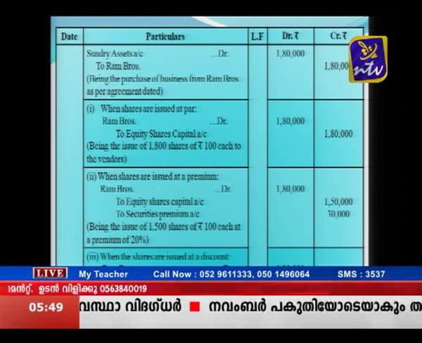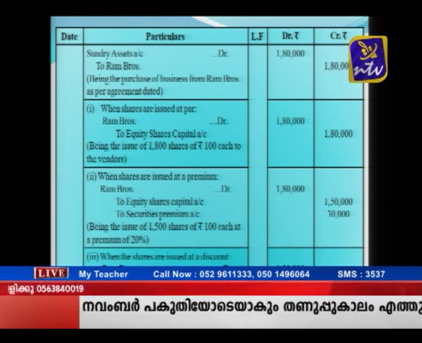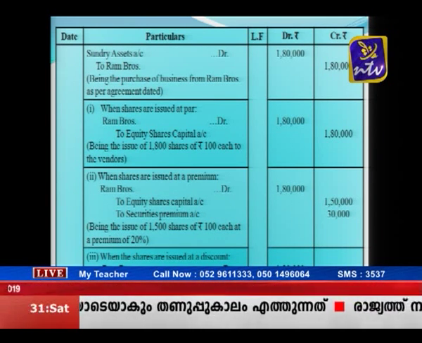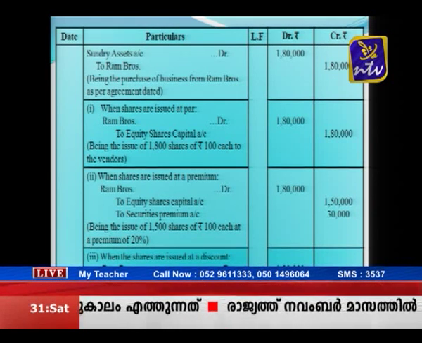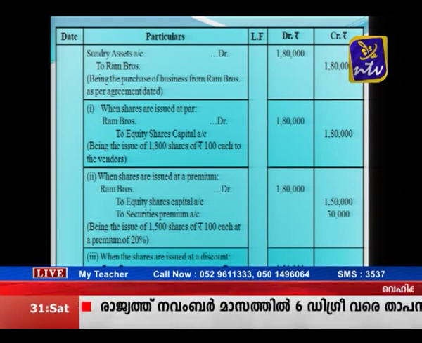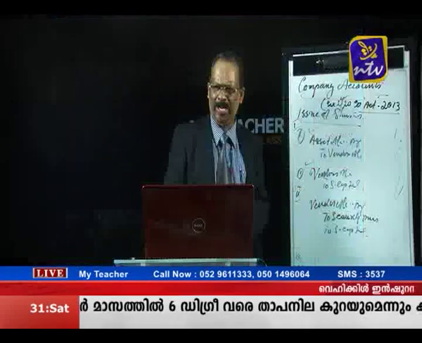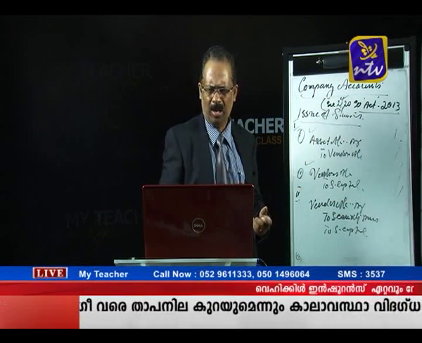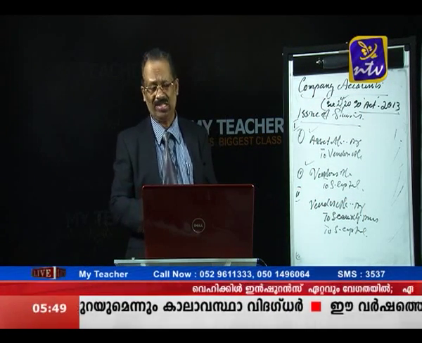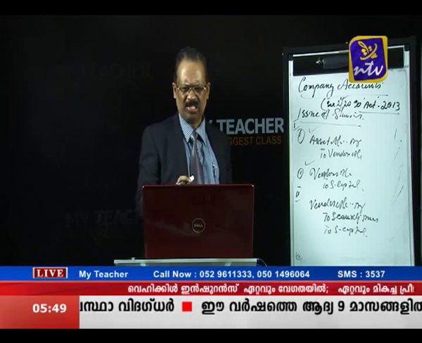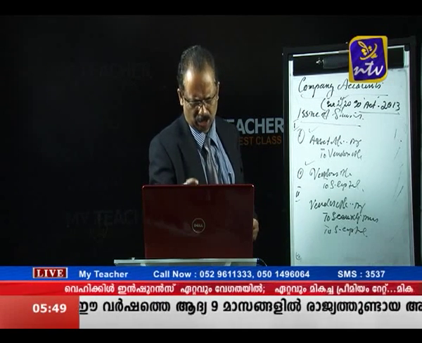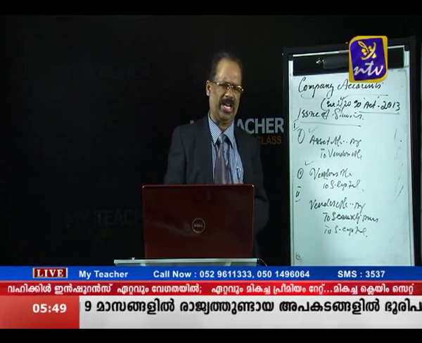So you can see Ram Brothers account, vendors account debtor to share capital account. The same value I am issuing the shares also. Then case number 2. Asset account debtor to vendor 1,80,000, but we are issuing the shares at a premium. So that is vendors account debtor to security premium to share capital.